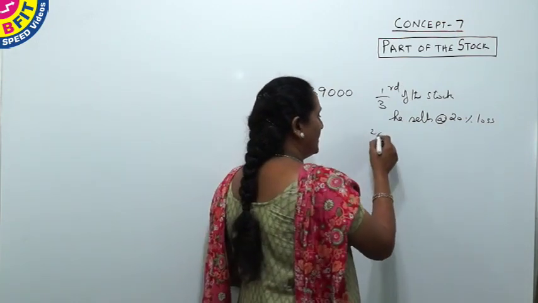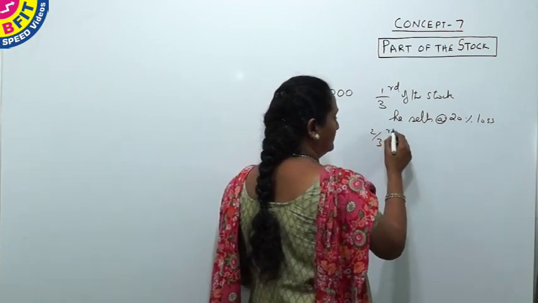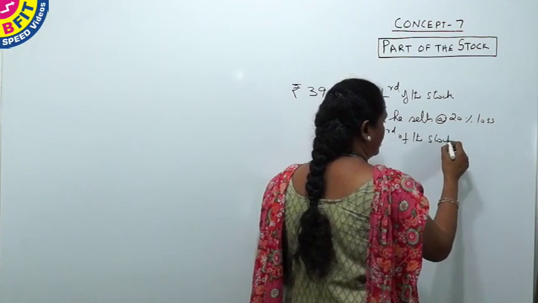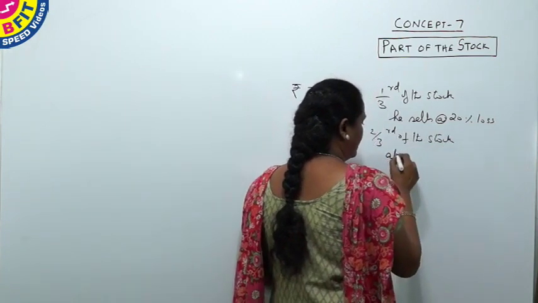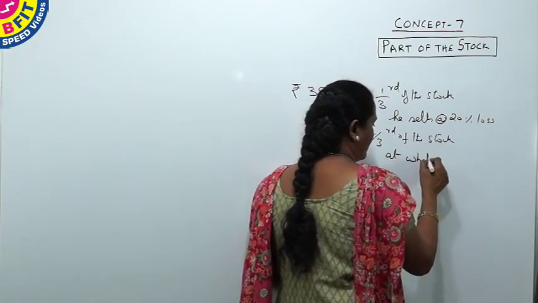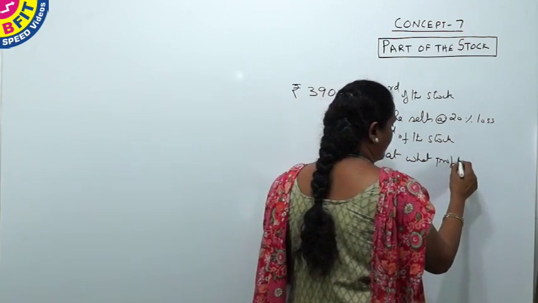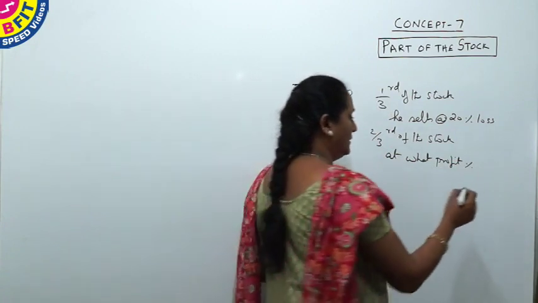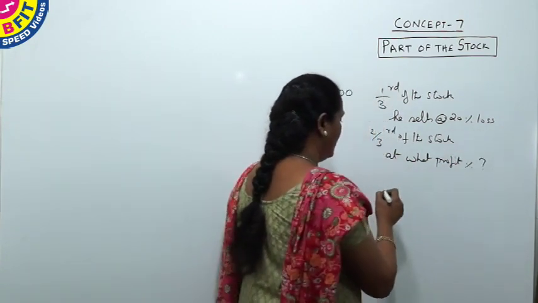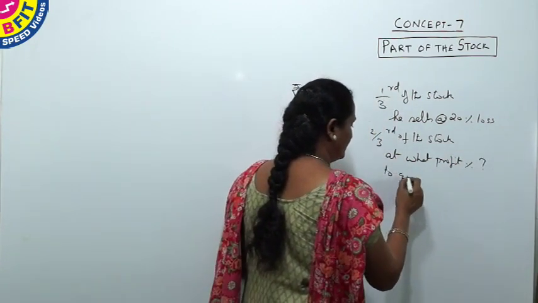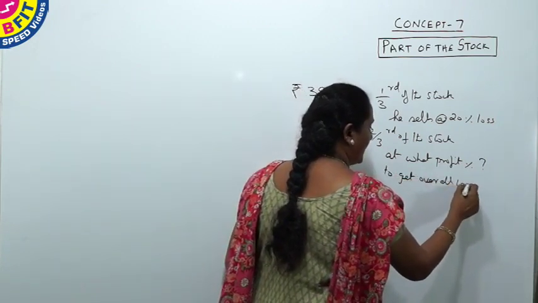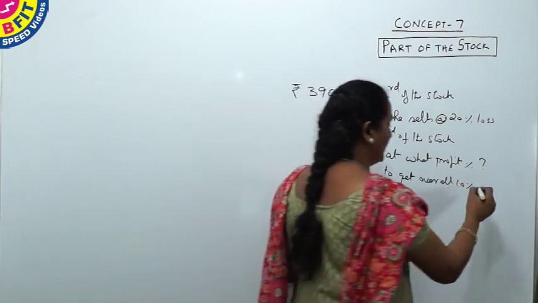So what is the remaining part? So remaining at what profit percent he should sell, so as to get overall 10% profit.